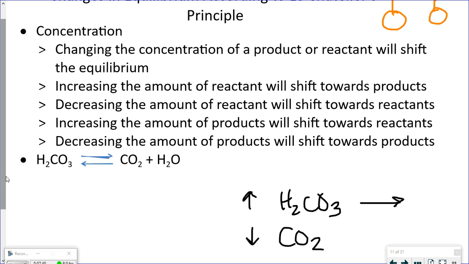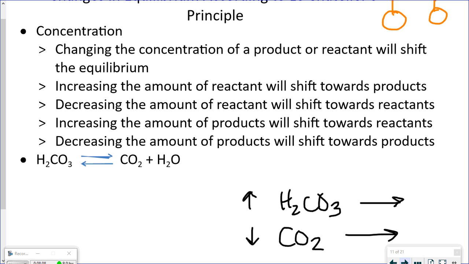So this will also be a shift towards the right. So the general rule is if you add something, it shifts towards the opposite side. So this was originally on our reactant side. If you take away something, it will need to shift towards that same side of whatever we took away. Since carbon dioxide is a product here, it will shift towards the product side.